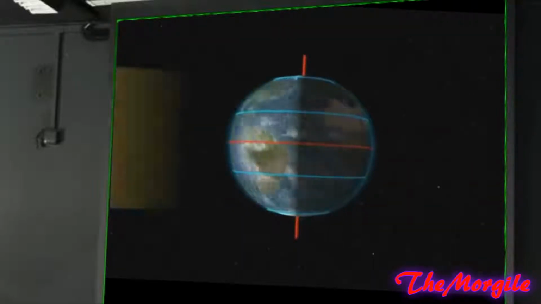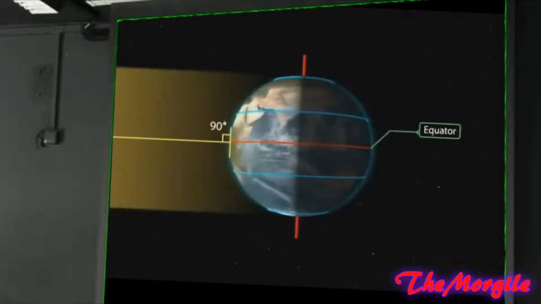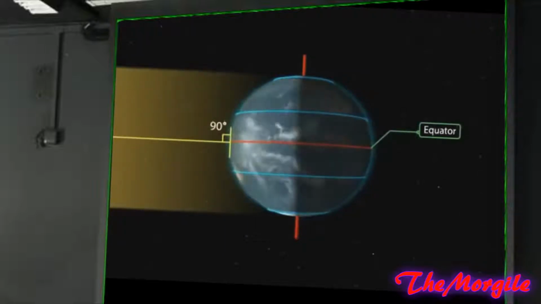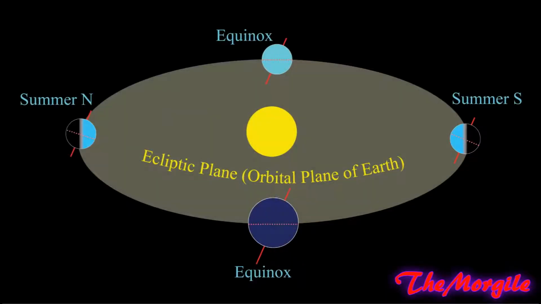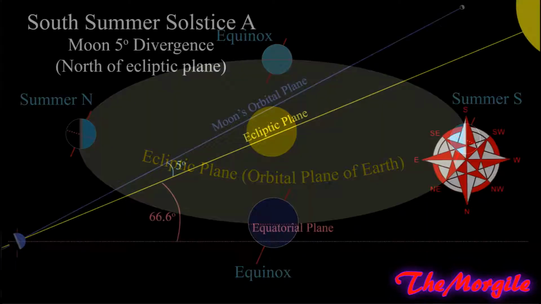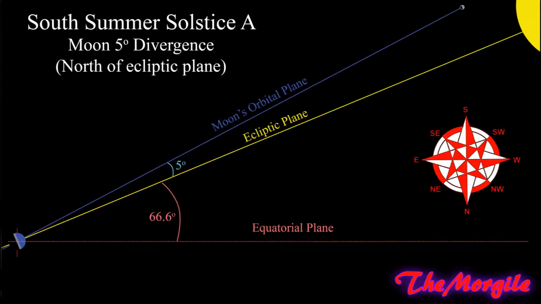And again, the moon is allegedly misaligned to the ecliptic plane by a mere 5 degrees and somehow manages to apparently travel from Capricorn to Cancer and back over the course of a month. Now, the reason that this is impossible, again, is because our Earth's equatorial plane is not aligned to the ecliptic plane except for twice a year.